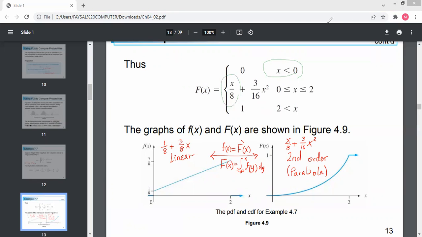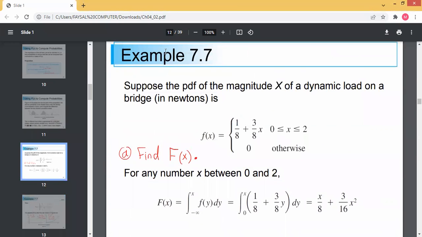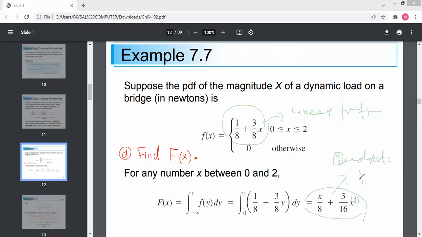This is basically the graph of this function, a linear function. And the highest power here is 2, so this is a quadratic function.